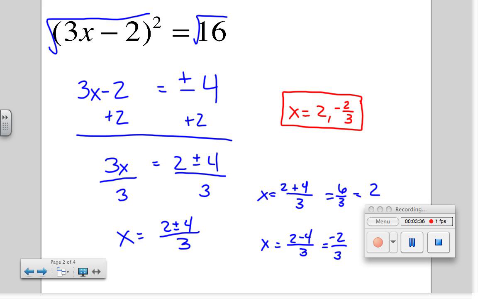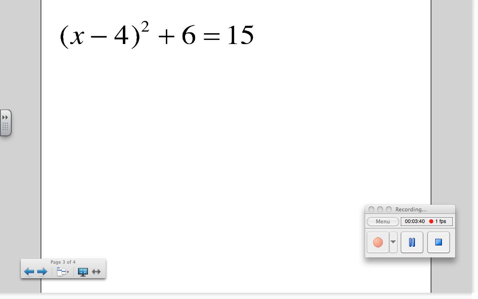The next one, notice that the squared term is not by itself. It has something being added to it. So we first have to deal with the thing being added, like we were solving for the squared term. I'm going to subtract 6 from both sides.